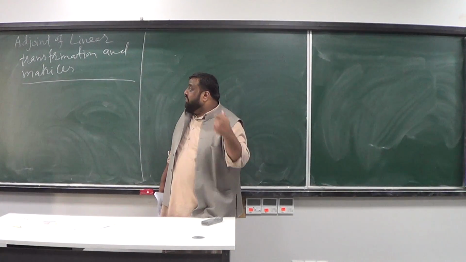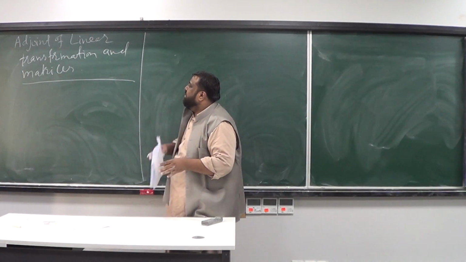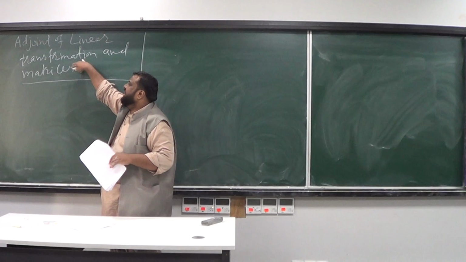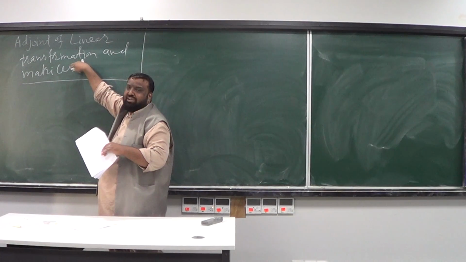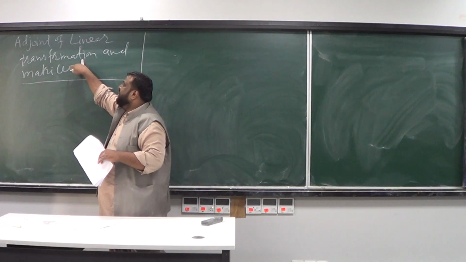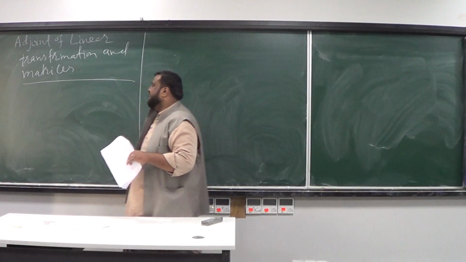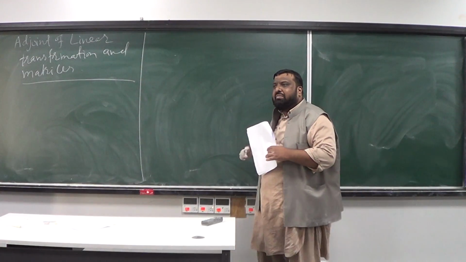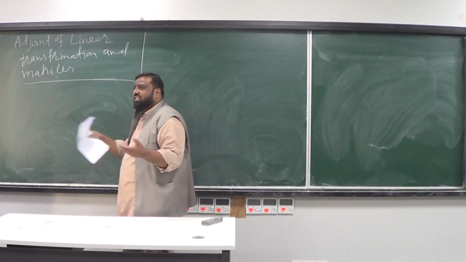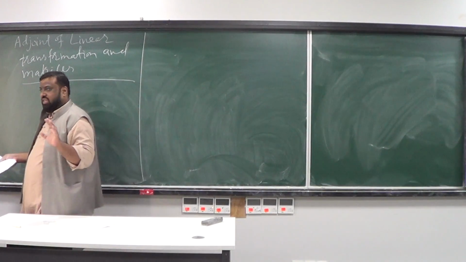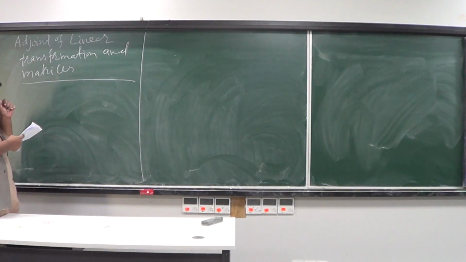So if you define the notion of adjoint for a linear transformation, it should not be difficult to take that definition to the level of defining the adjoint of matrices. So in finite dimensional cases, linear transformations and matrices really characterize each other. Okay, this is the key thing that we always have to appreciate.